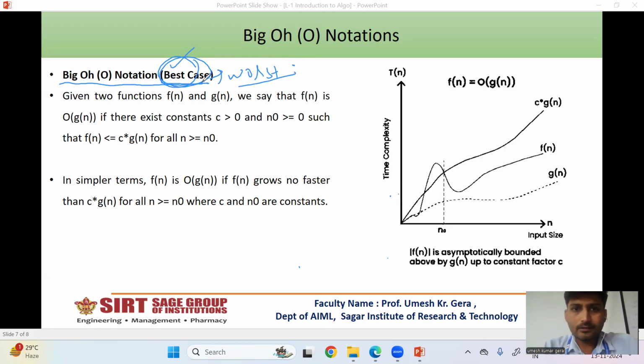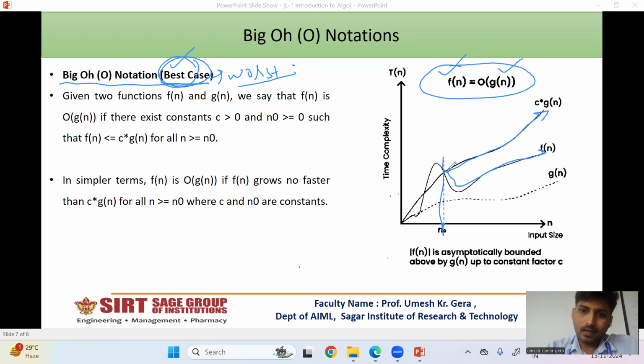What is the formal definition of big O notation? Again, we have two functions: one is f(n) and the second is g(n). f(n) is big O of g(n) if and only if there is some constant n naught such that after n equals n naught, c times g(n) is always greater than or equal to f(n).